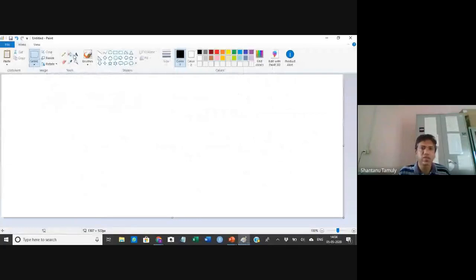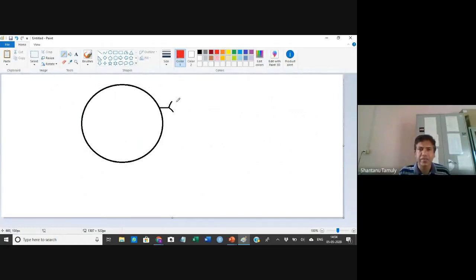This is the lymphocyte, and it has immunoglobulin bound to its membrane. When this immunoglobulin binds an antigen, what happens after binding the antigen? How does this lymphocyte become active?